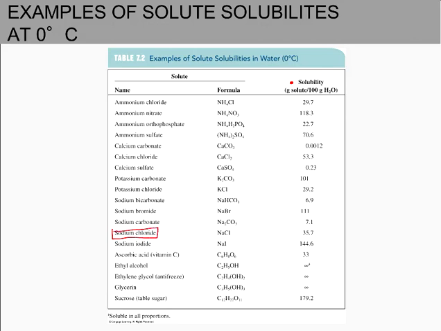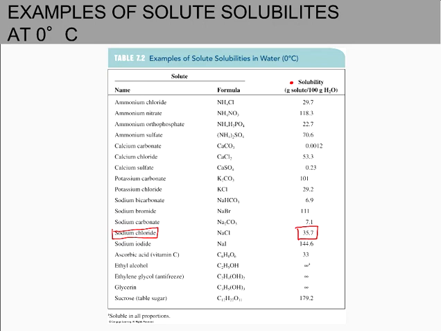And earlier we said that at 25 degrees Celsius, the solubility of sodium chloride was around 37 grams per 100 grams. And at the freezing point of water, it's 35.7. So pretty close to what we said before.